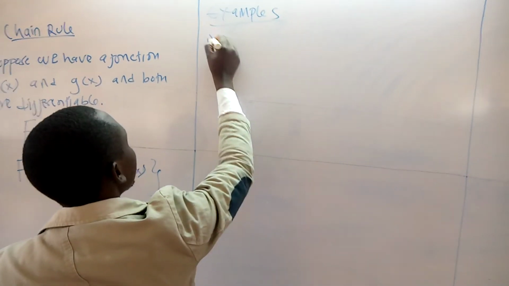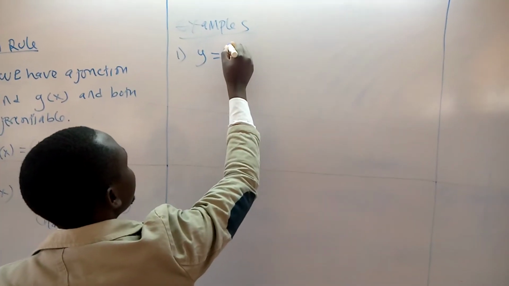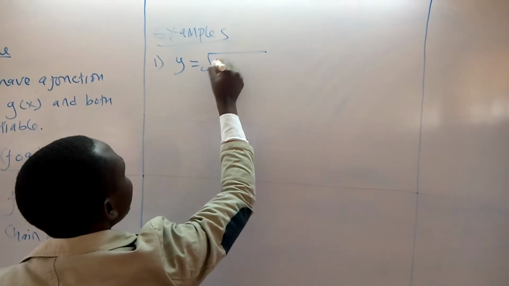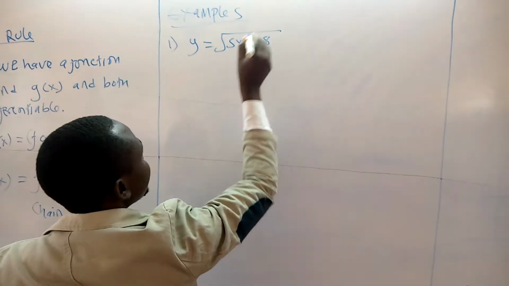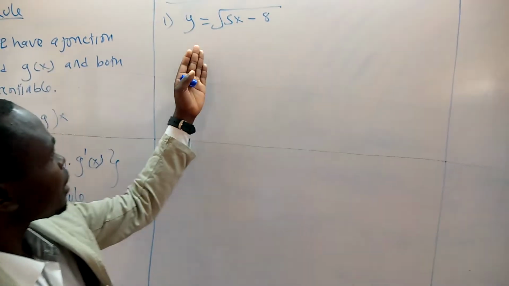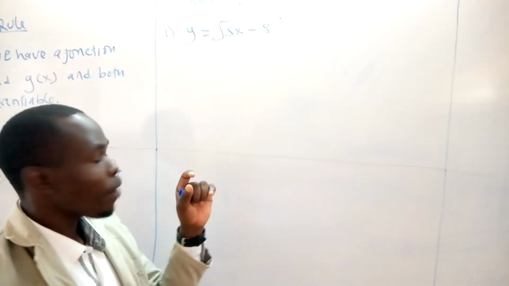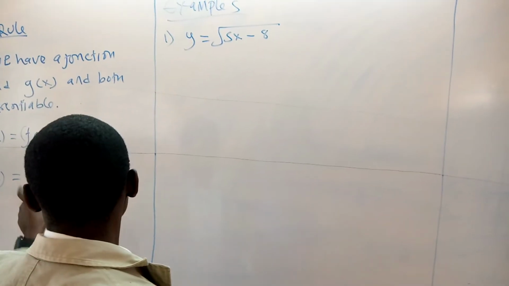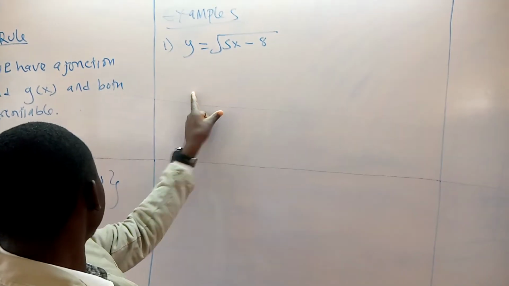Our first example is y equal to the square root of 5x minus 8. Remember we have only two functions, so that you can use it to find the chain rule.